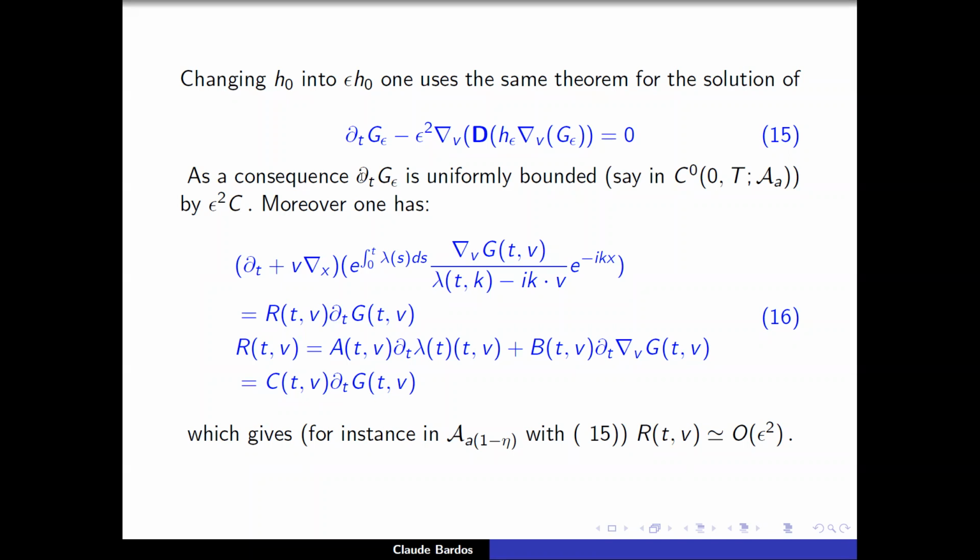And as a consequence, you see that as long as I have a solution, dt of G epsilon is bounded by epsilon squared C.